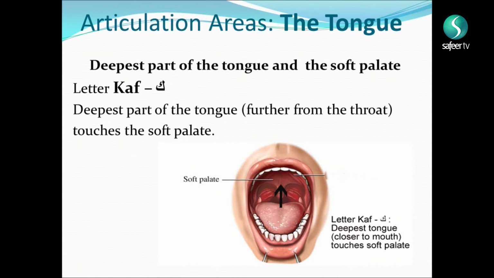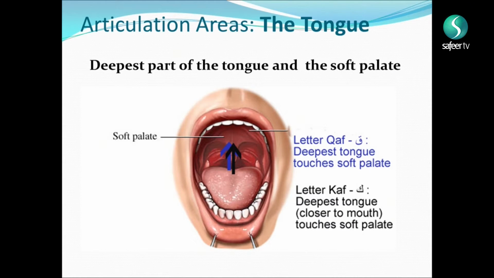Then you have to know that the deepest part of the tongue, closer to the mouth, touches the soft palate. But this soft palate is not exactly the soft palate we use for the letter qaf. It's totally different. It's a little bit further towards our mouth, or better to say lips. Then we go to the next slide. You will see in the next slide two colors.